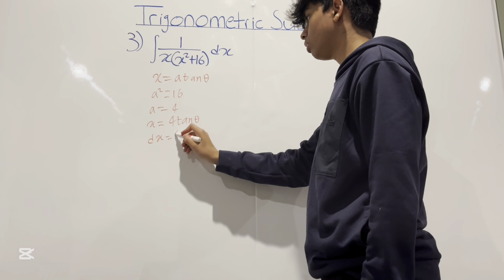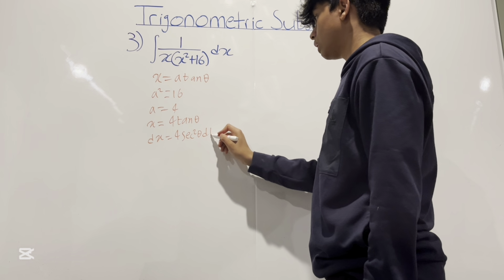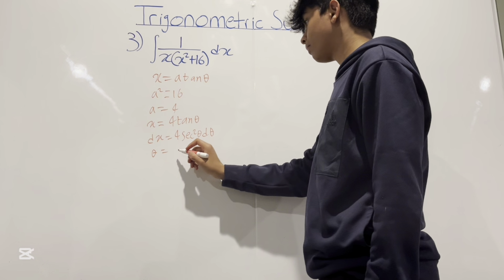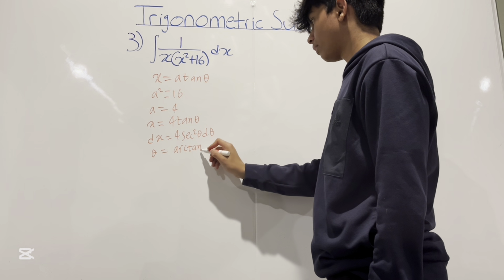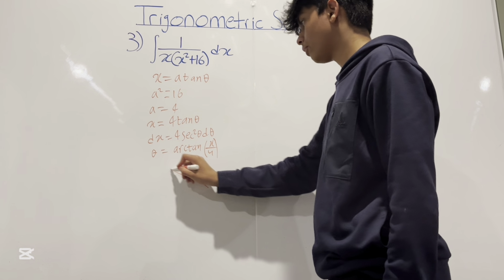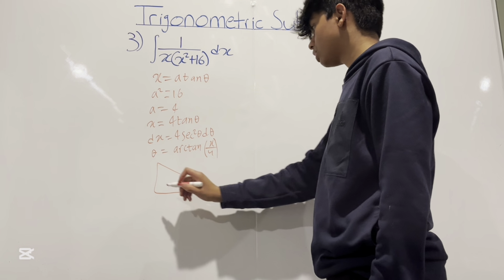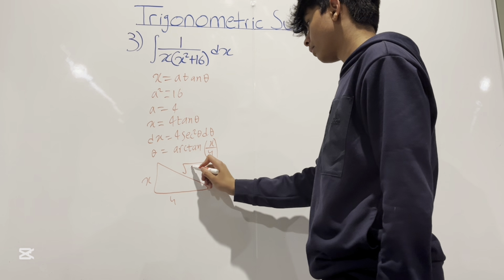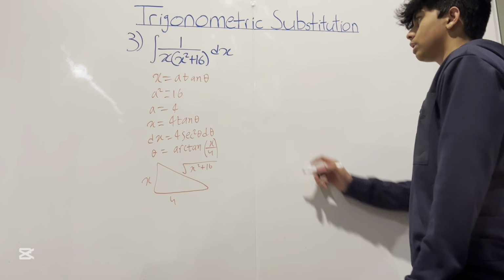dx is equal to 4 secant squared theta d theta. And theta is equal to arctan of x over 4. Let's draw the triangle as well. Tan is opposite over adjacent, so x and 4. So this is going to be the square root of x squared plus 16. Now let's substitute everything into the integral.